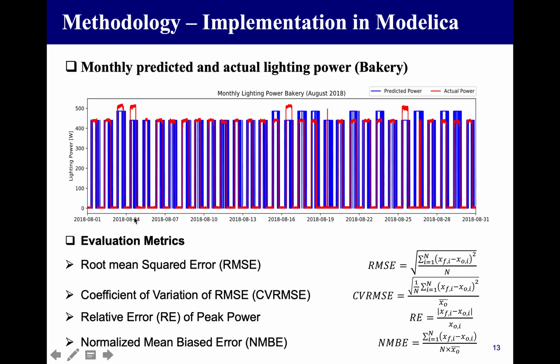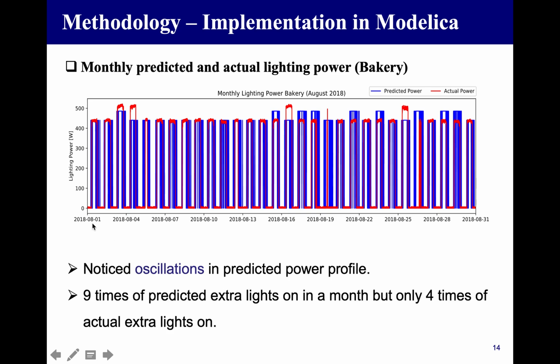Here's the monthly simulation for lighting power inside the bakery, and we used the following metrics to evaluate the results. Generally, we noticed oscillations in the predicted lighting power.